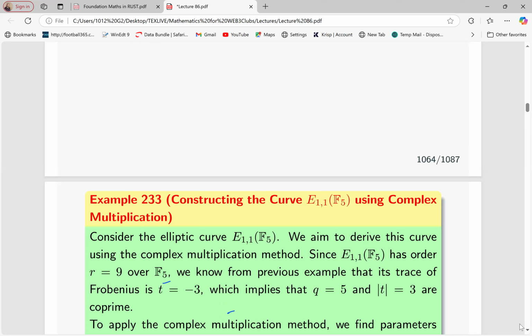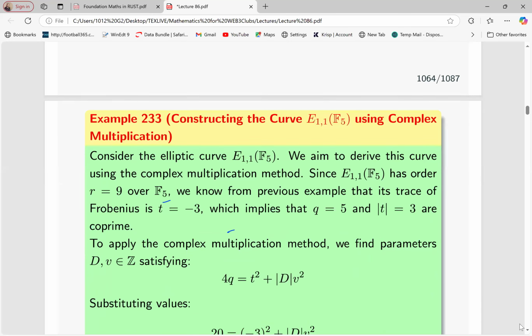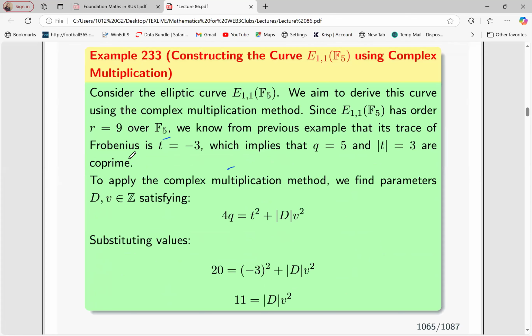We are imagining we don't know the equation of this curve, but we know we want a curve of 9 points, and we want it to be on F5. So the first step is we find our trace. We found our trace. Then we calculate our discriminant.